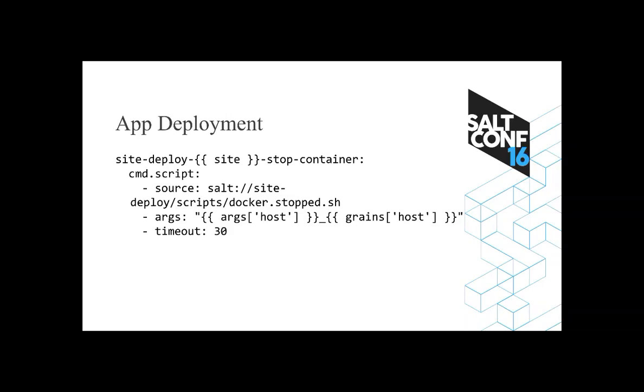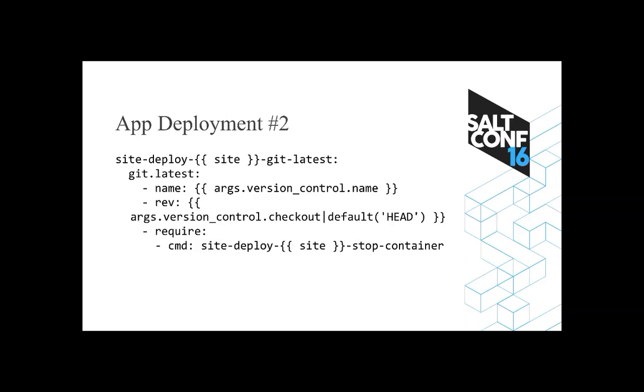We've figured out a better way of looping through and using the Docker ng .stopped configuration. And then once we've stopped the container, we're performing a git checkout, or in this case, a git pull. So instead of going out to each server and pulling code, Salt pulls the code to each server automatically.